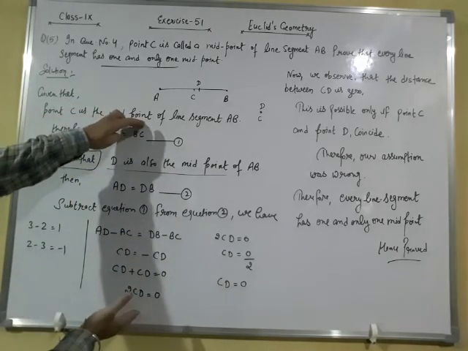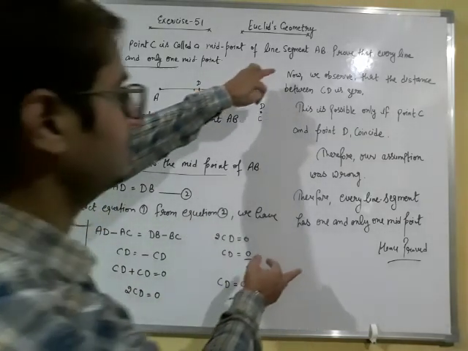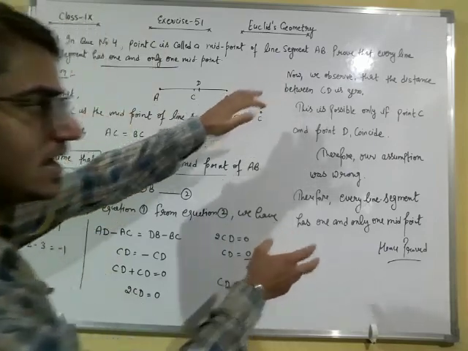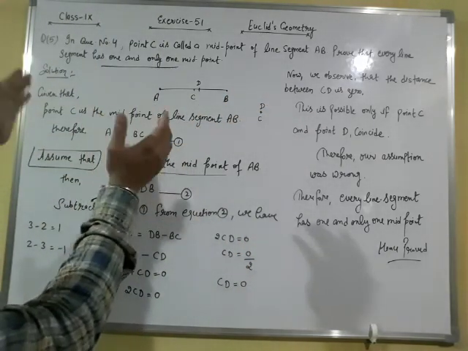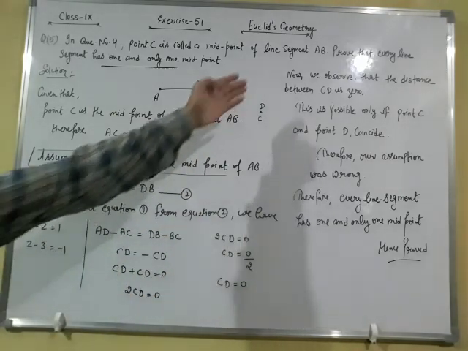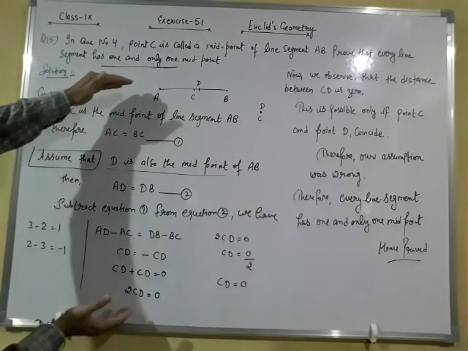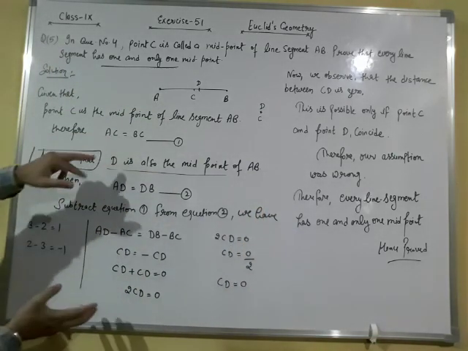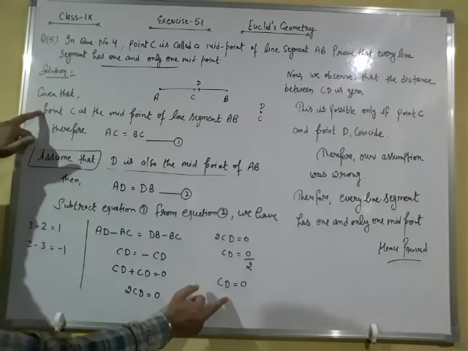Don't be afraid of the length of this question, because these are only the language, and you can make your own language. If you understand the meaning and know what you are doing, you can write these sentences on your own. You have to understand only these concepts, and the main part of this question starts from here, from point C to CD equals 0.